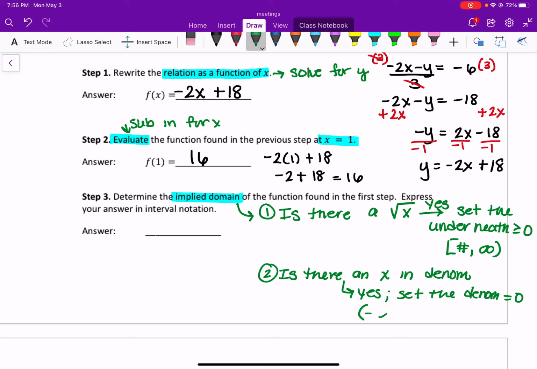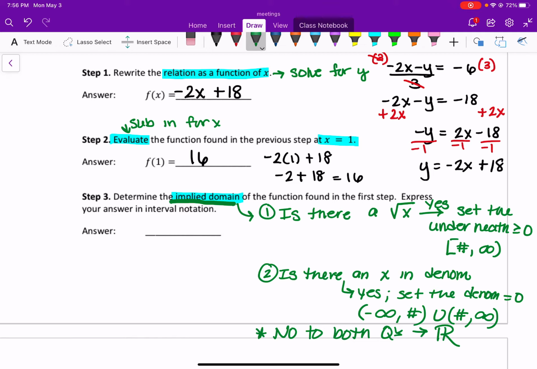It's going to go from negative infinity up to a number with a parentheses, unioned from a number to infinity. So those are kind of our two options. There are two questions you need to be able to remember when you see implied domain, and what you're supposed to do. Now remember, if you answer no to both, then that means your domain is all real numbers.